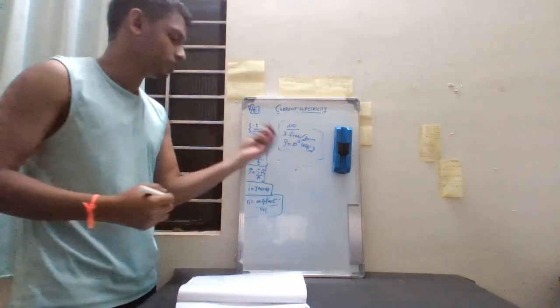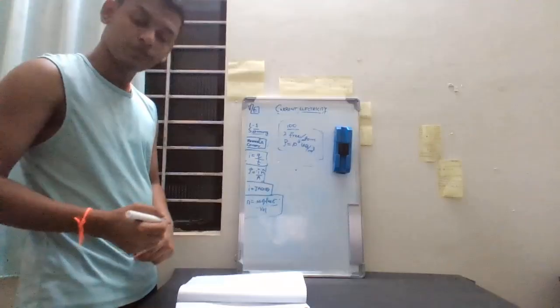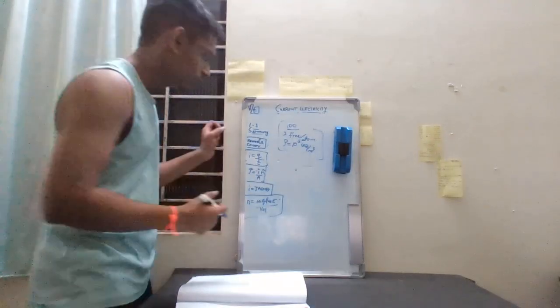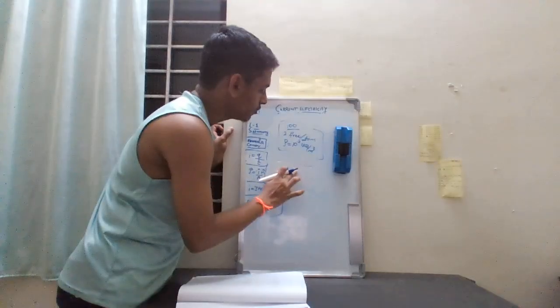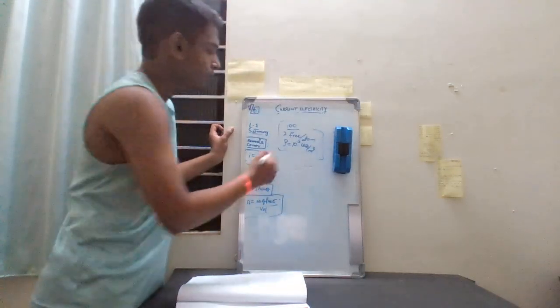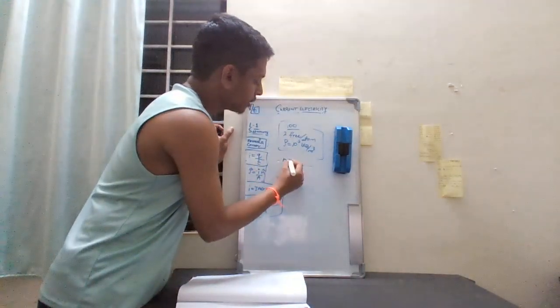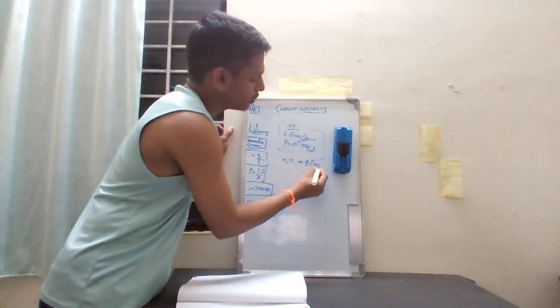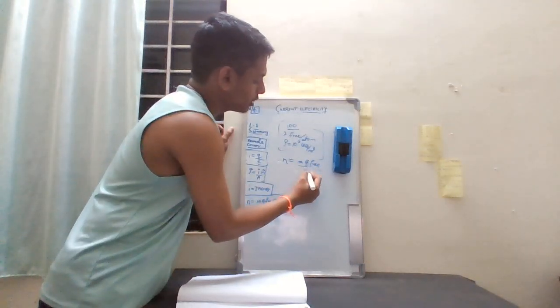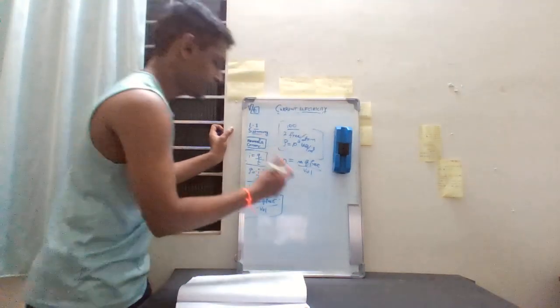So now we have to find the number of free electron density from this. We have the number of free electrons. We can find it by first getting the number of free electrons, and then we'll write something from that.